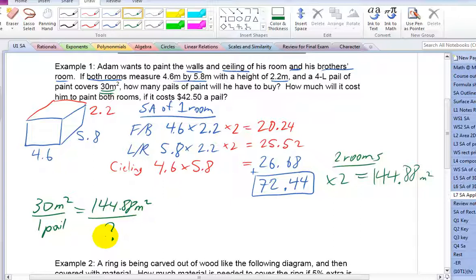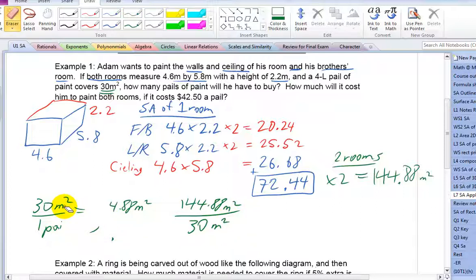Now, doing your algebra, what happens is essentially these two kind of flip-flop. So what we're left with is we take our total surface area of 144.88 meters squared, and we divide it by the coverage of one pail. Okay? And that's what you guys are probably more familiar with.